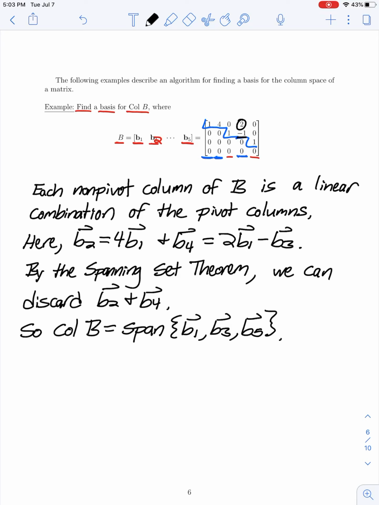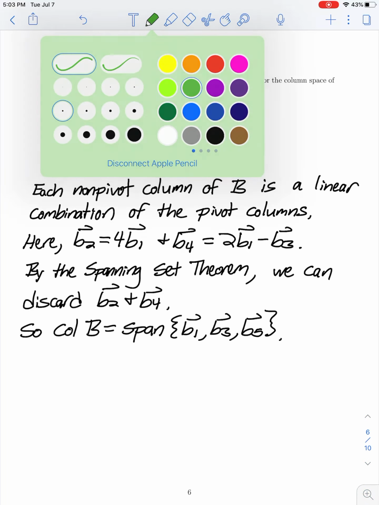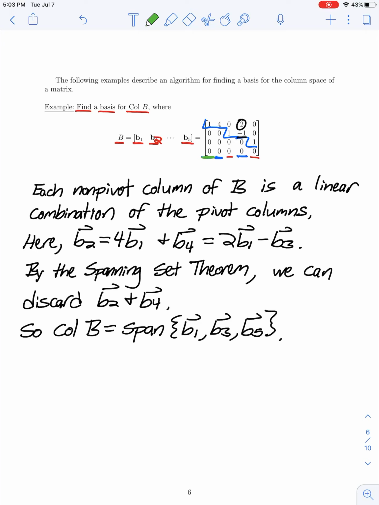Now, we can see pretty clearly by examining B1, B3, and B5 that they are linearly independent. So in particular, if you look at these 3 columns, here, here, and here, we can see that none of them are scalar multiples of one another.